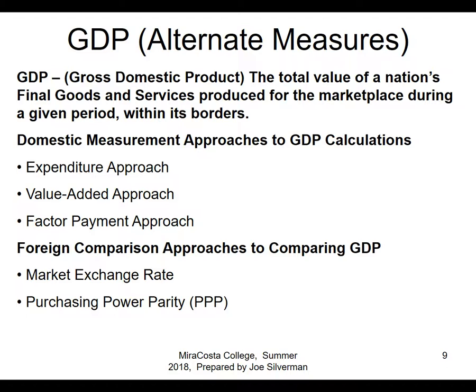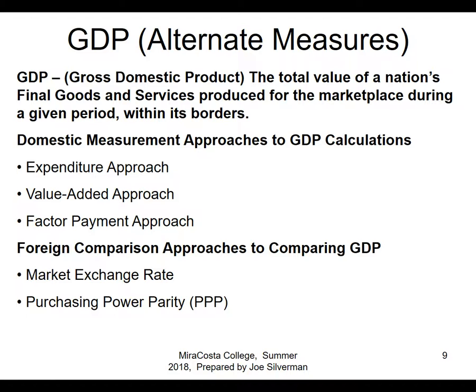So one way we can make an apples to apples comparison would be to take GDP in Mexico in pesos and convert it to dollars using the exchange rate. And you can even get more sophisticated than that because the exchange rate changes from time to time.